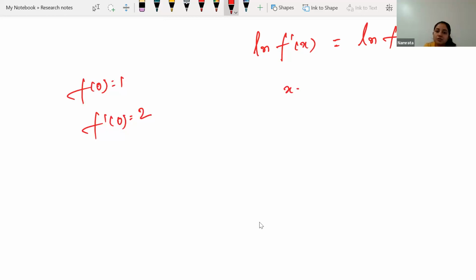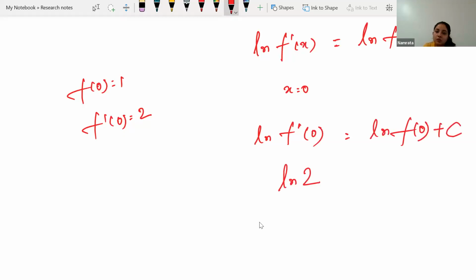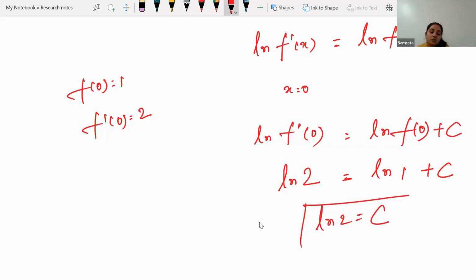When x equals 0, let's see what we are getting. ln f dash 0 is equal to ln f of 0 plus c. f dash 0 is 2, so ln 2 is equal to ln 1 plus c. Log 1 is 0, so c is just log 2. Okay, we got the constant of integration.